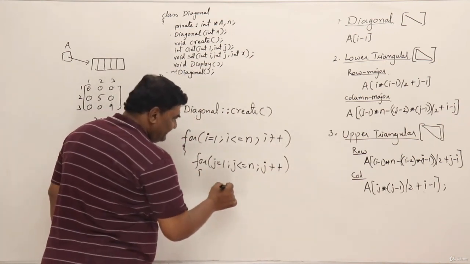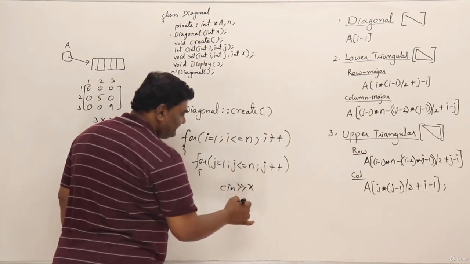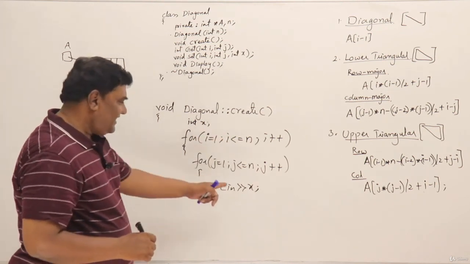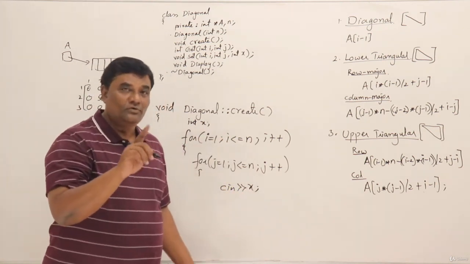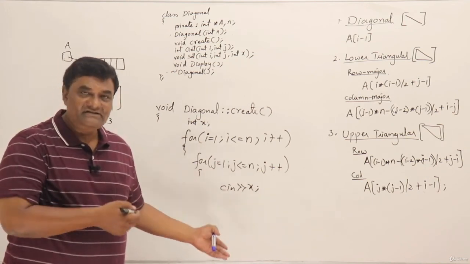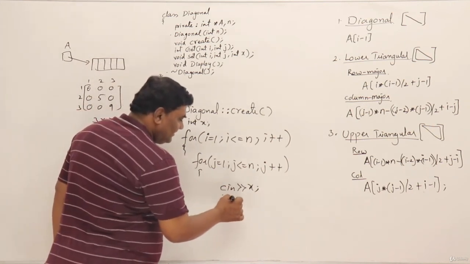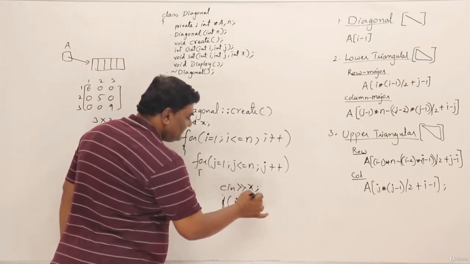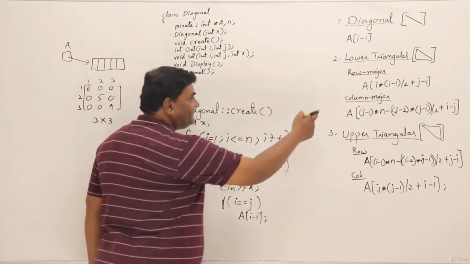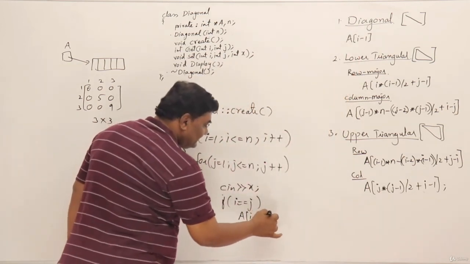Then read the value in some variable. cin, let us take it in some variable. So I need one variable here. Now, this value will be non-zero only if i and j are equal. Otherwise, it is a 0. So I should check the condition that if i is equal to j, then in A of i minus 1, see this is the formula, i minus 1, assign x.